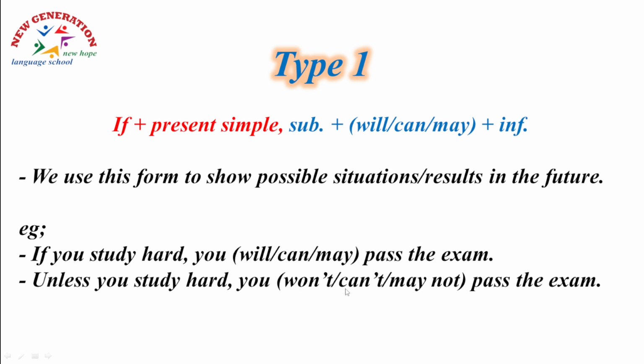So here I have used these modal verbs will, can, may in the negative form, because this is required to give a correct meaning. So for the if clause, when we use unless, we follow it with a positive sentence. The main clause comes depending on the intended meaning. This is type 1, or conditional 1, or the first conditional.